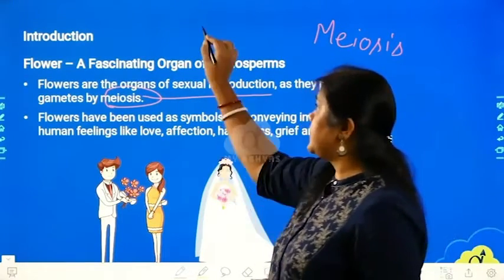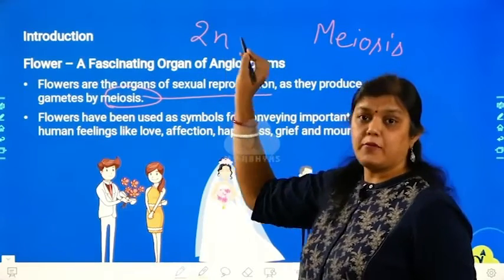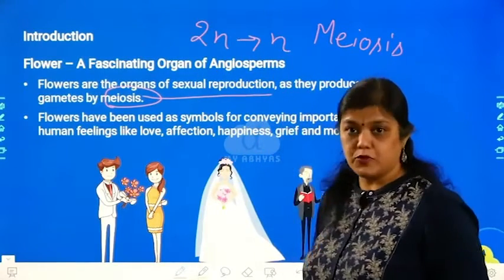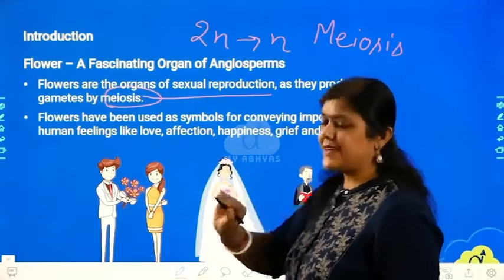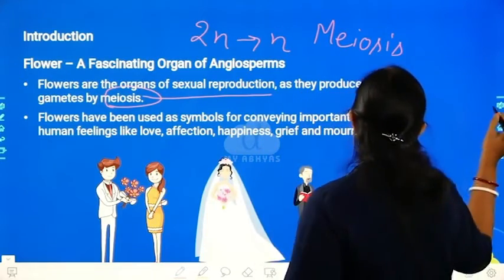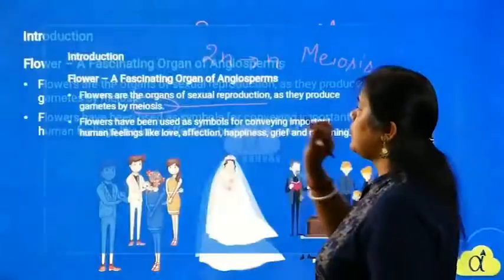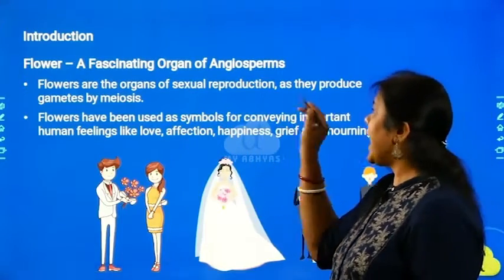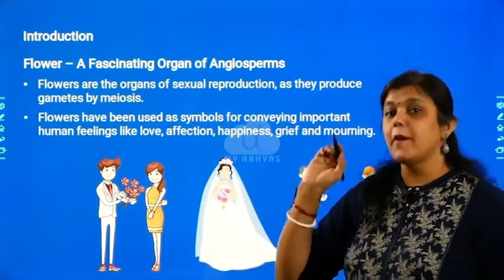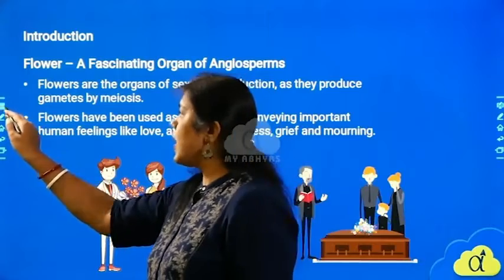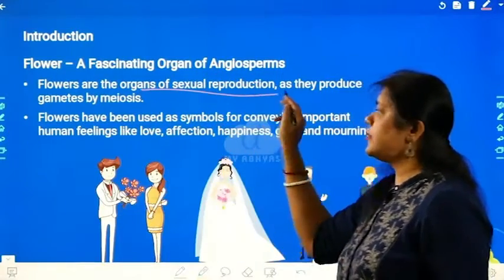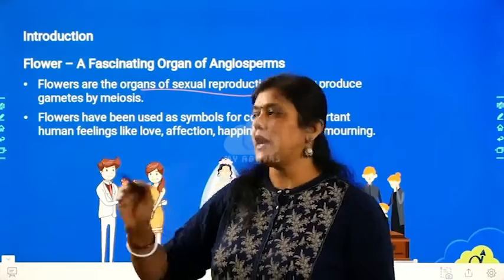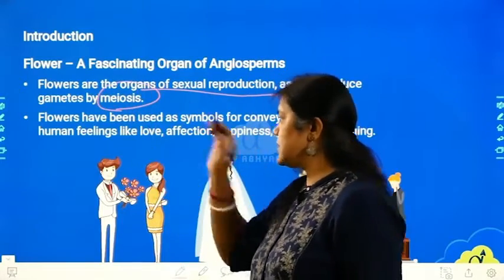Meiosis is a type of cell division where the diploid number of chromosomes is converted to the haploid number of chromosomes. So if I want to define a flower, I would say flowers are the organs of sexual reproduction because they produce gametes by the process of meiosis.